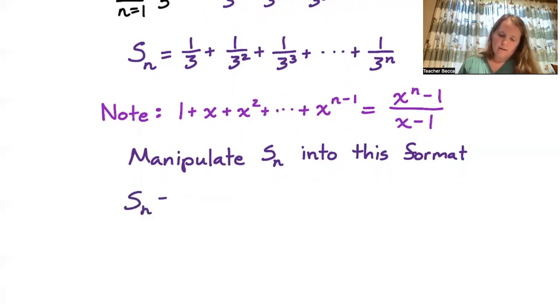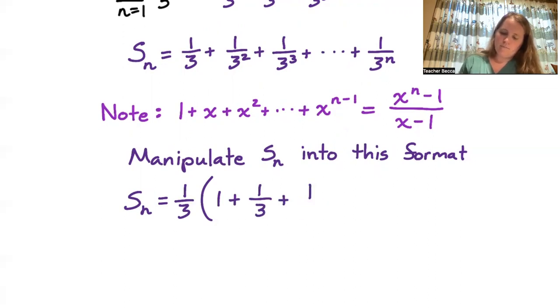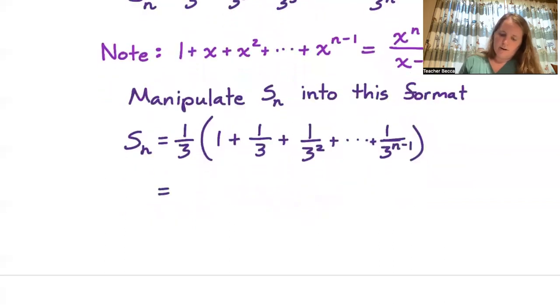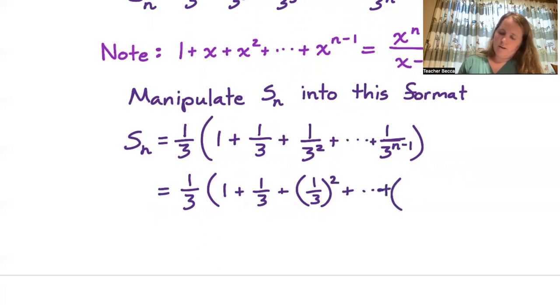So S sub n is equal to 1/3 times 1 plus 1/3 plus 1/3 squared plus all the way up to 1/3 to the n minus 1.